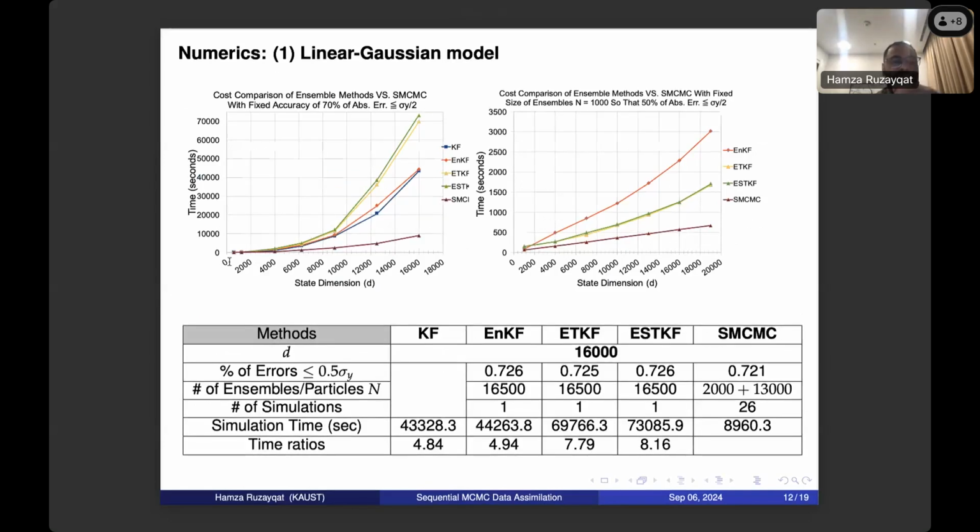Here I plot the time versus the state dimension. I keep increasing the dimension, starting from 2,000 up to 16,000.